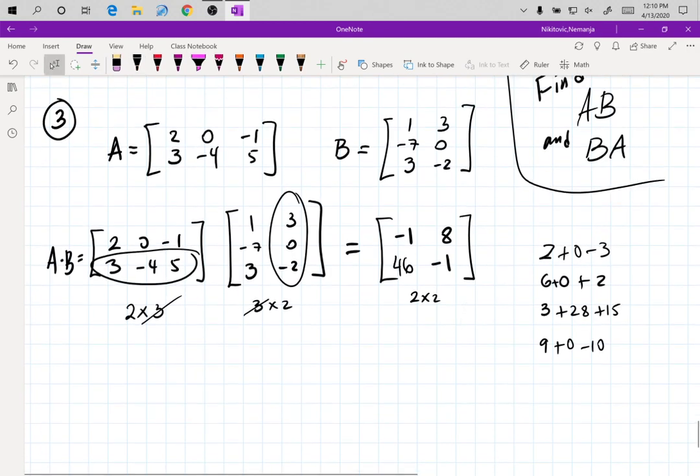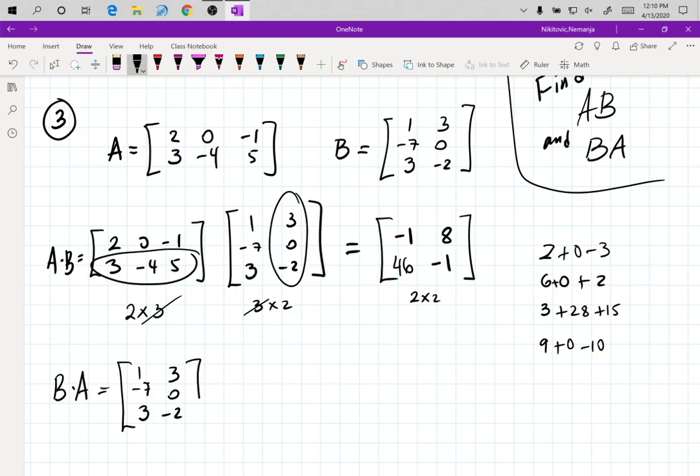Now we want to do B times A. That's going to be 1, -7, 3, 3, 0, -2, times 2, 0, -1, 3, -4, 5.